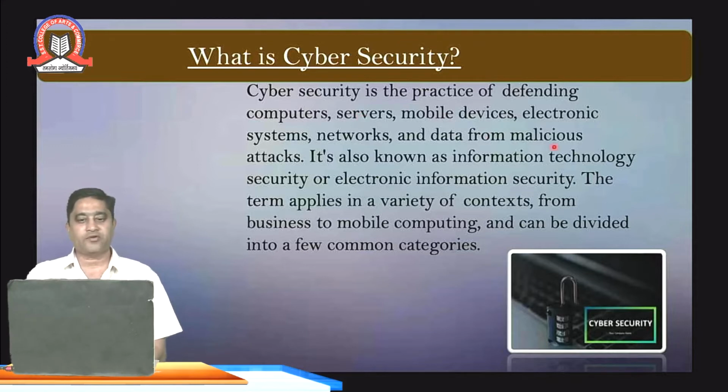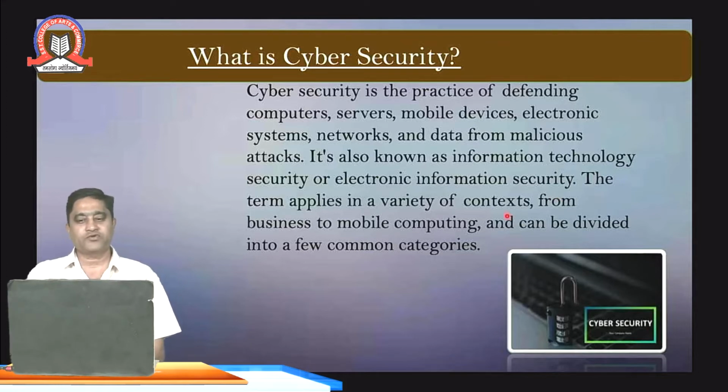Coming to electronic systems, as I said in my unit 3 lecture, that is LAN, MAN and WAN. These types of networks and servers have to be protected, hence there is a need for cyber security. It is also known as information technology security or electronic information security.